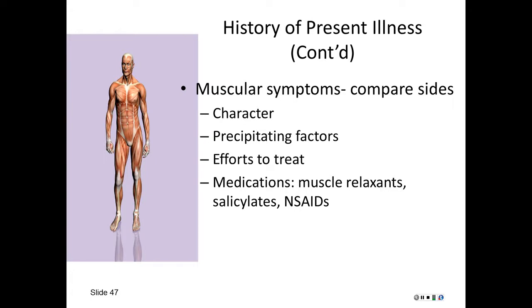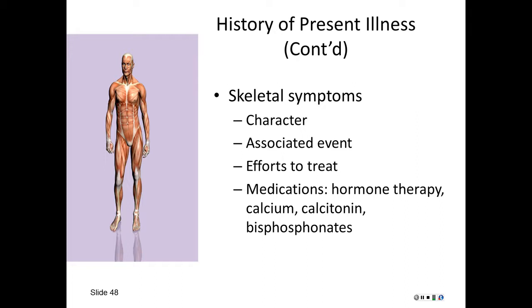If they take any of those, any of the glycosides or aspirins, or any NSAIDs. Look at the skeletal system for character-associated events, efforts to treat, and at this skeletal system, you want to look at hormone therapies that they're on. Particularly, do they take any calcium, calcitonin, or bisphosphonates, things for thinning of the bones.